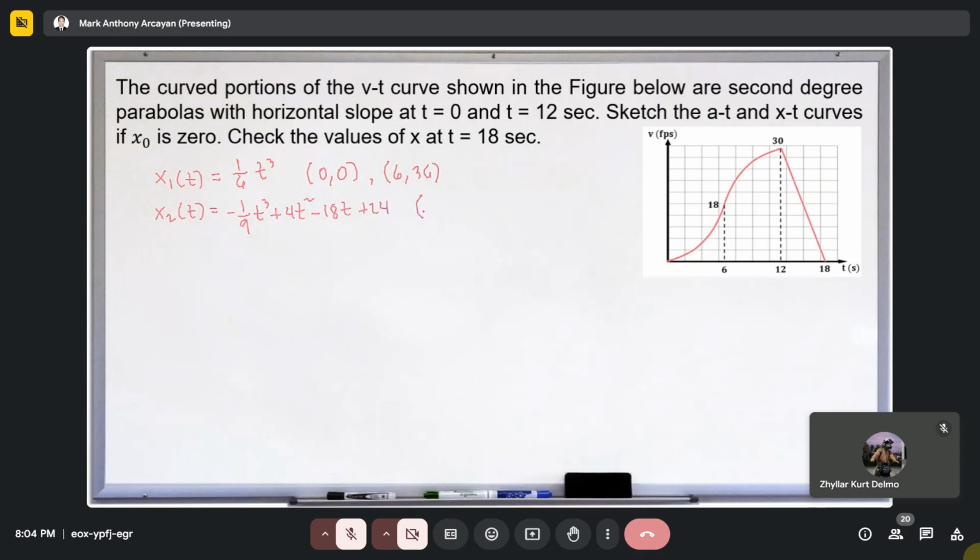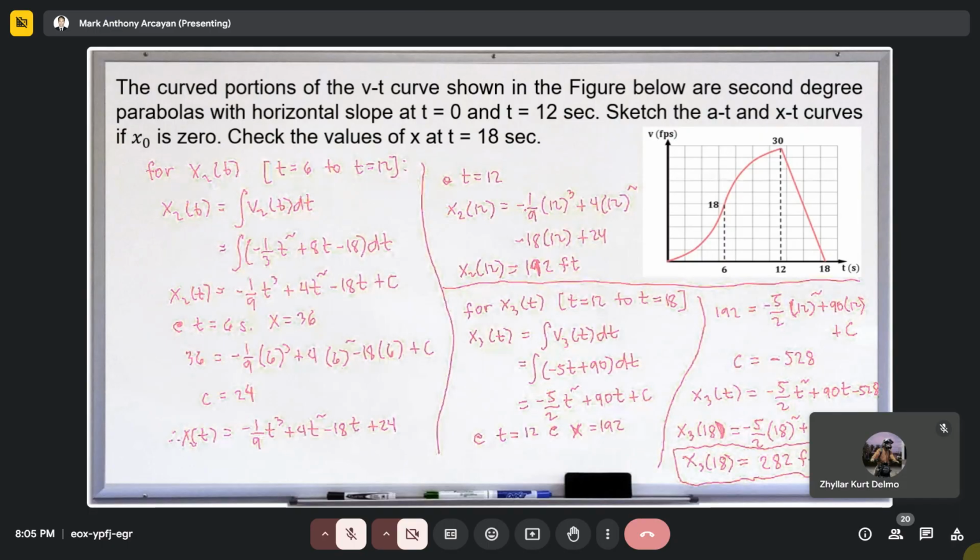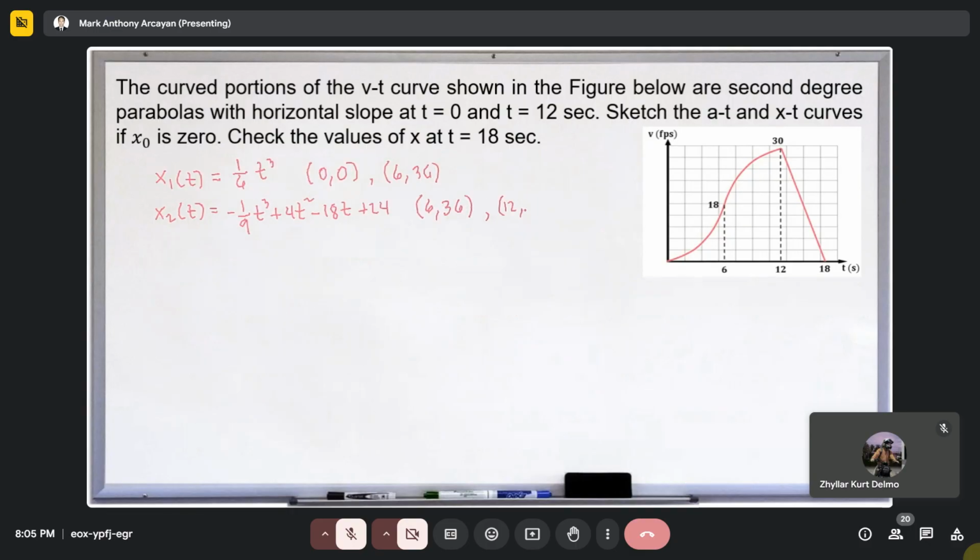Then we will indicate the important points: when t is equal to 6, the displacement is 36, and when t is equal to 12, the displacement is 192.